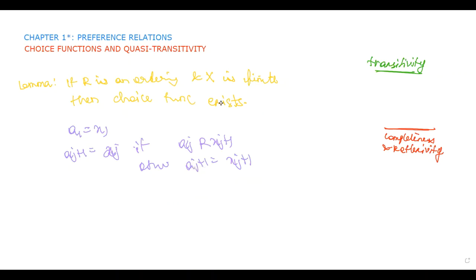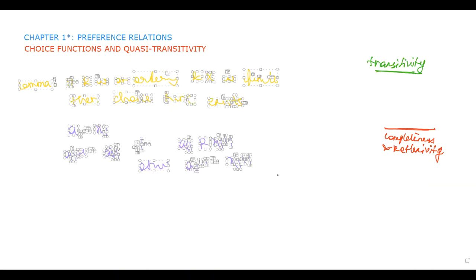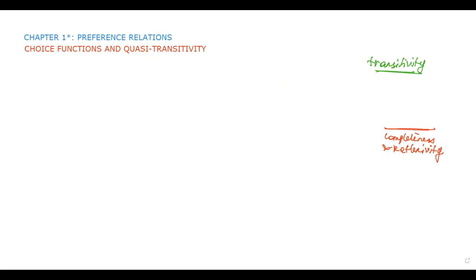Take any subset of X. I will not be doing the whole thing because it's very similar to something we did in the last video, when we proved that if we have a quasi-ordering over a finite set, then there's got to be a maximum element. The proof of this is absolutely the same. So you do this construction and then also try to prove that a_n will be the best element. Again, we did that sort of thing earlier.